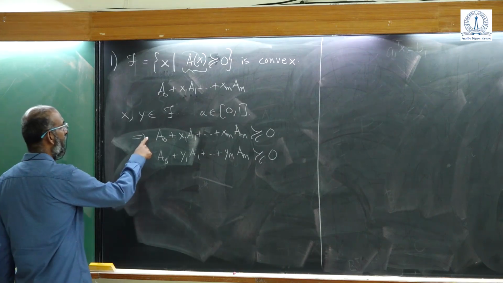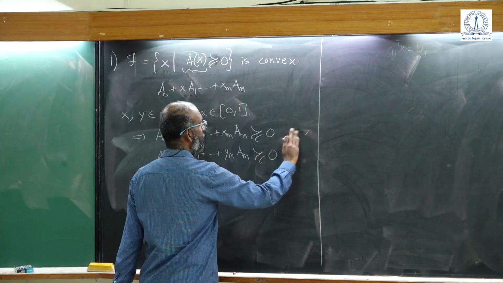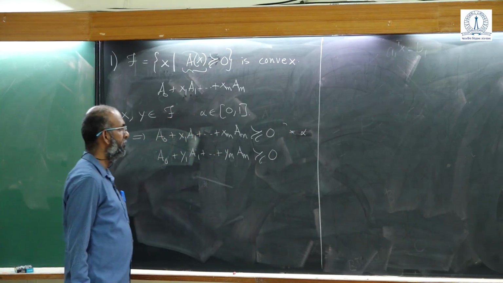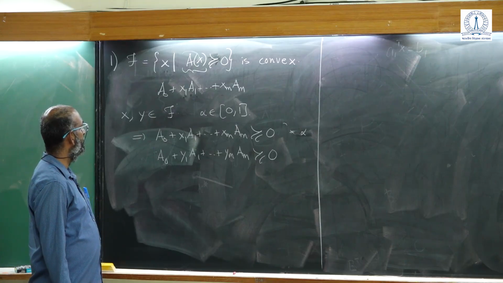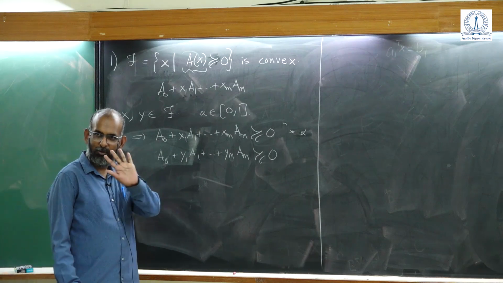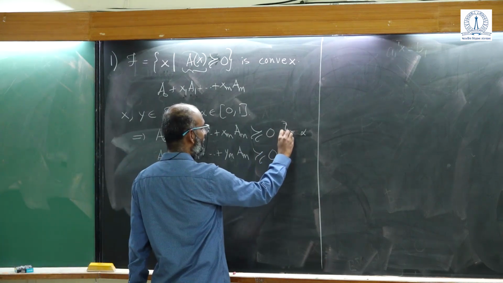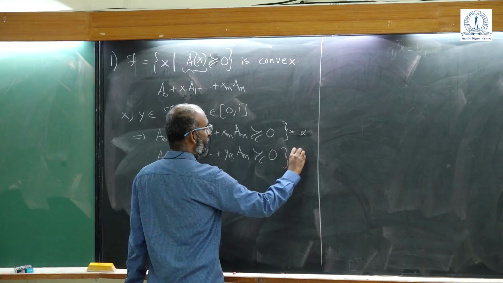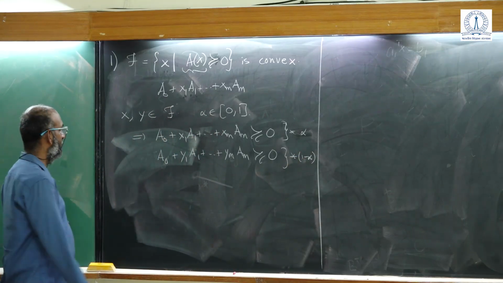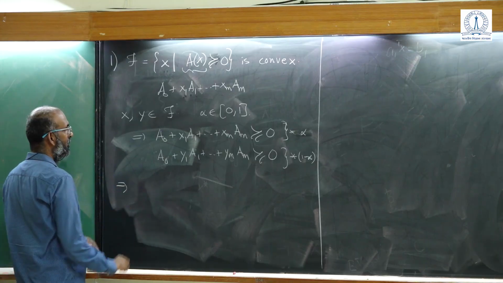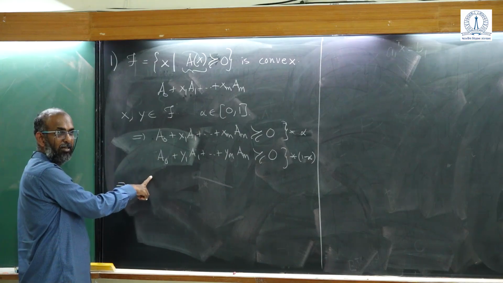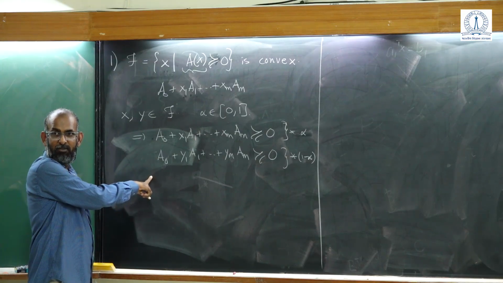Now if I multiply this by alpha, it's alpha x. Only the first term a naught will not be multiplied by alpha. We are coming to that. And if I multiply the other by 1 minus alpha, let's just see what happens. I'll get alpha a naught from here, and 1 minus alpha a naught from there.